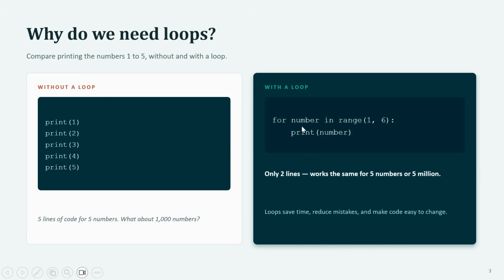This range is a Python function which is already built in, which is checking in the back end that it should not exceed 6 as per the ending point. For example, like the structure is, the loop starts, this is the starting point.